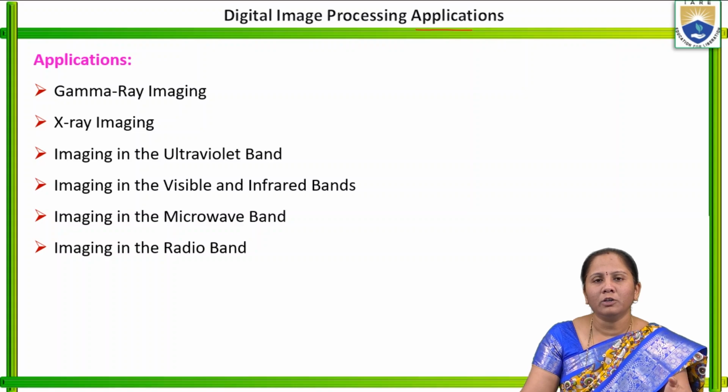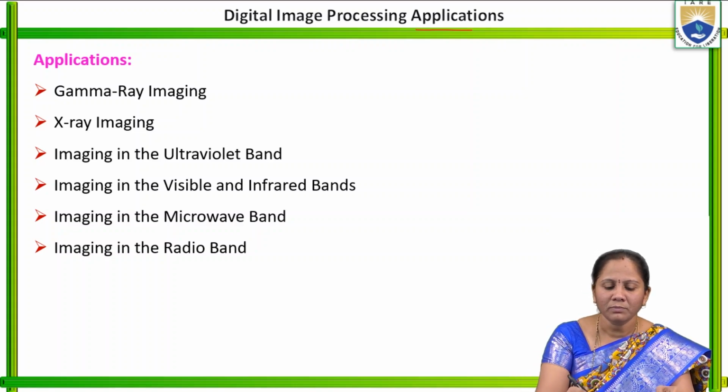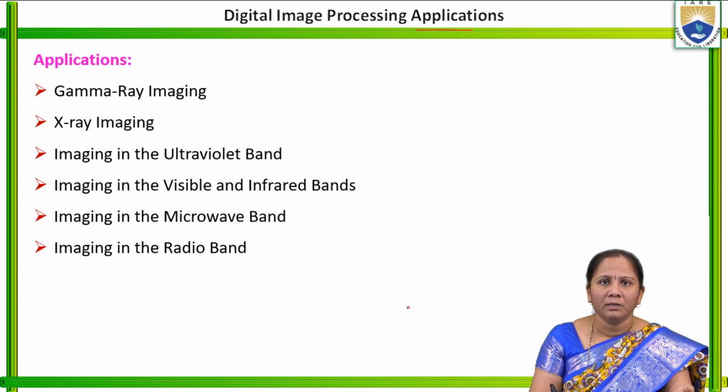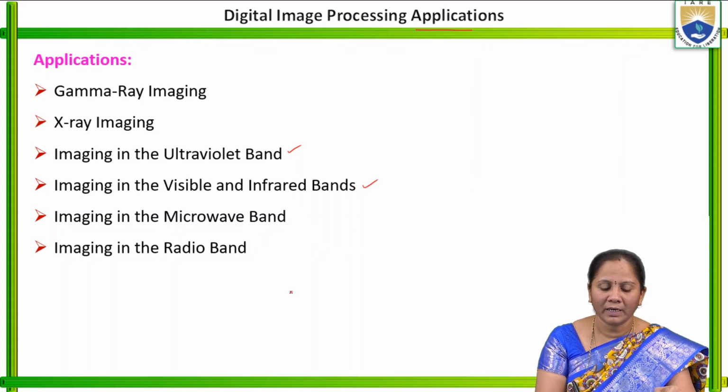So based on that electromagnetic spectrum, here are some of the applications. Different applications here: gamma ray imaging, X-ray imaging, imaging in the ultraviolet band, imaging in the visible and infrared bands, imaging in the microwave band, and imaging in the radio band.